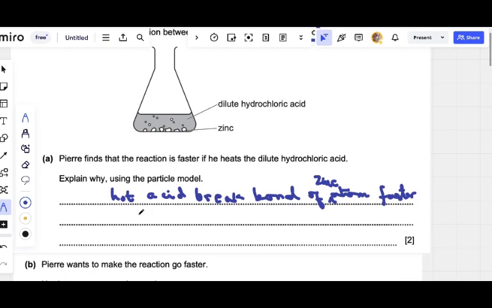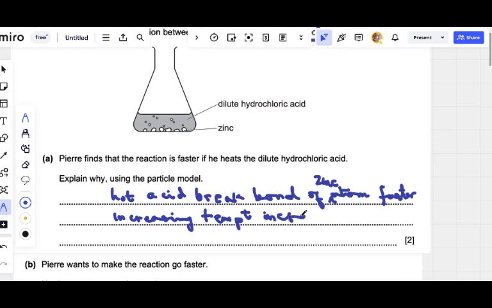Increasing temperature increases the rate of reaction. So we say increasing temperature increases the rate of reaction. Temperature increases the rate of collision, hence the rate of chemical reaction.